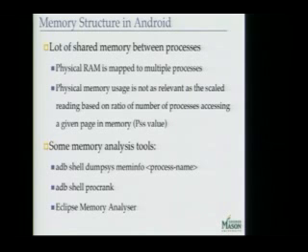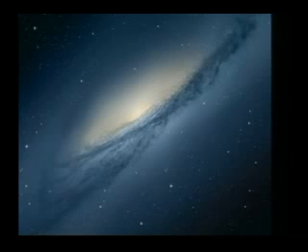So you can say it's an approximate figure, because you really don't know how much of that page each process is using, but that is how Linux works, and that is how Android works. So we're going to look into some of this, and I have a phone here which has a couple of applications running on it. So let me show you.